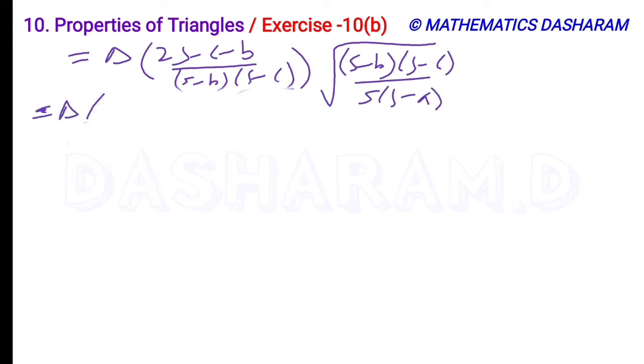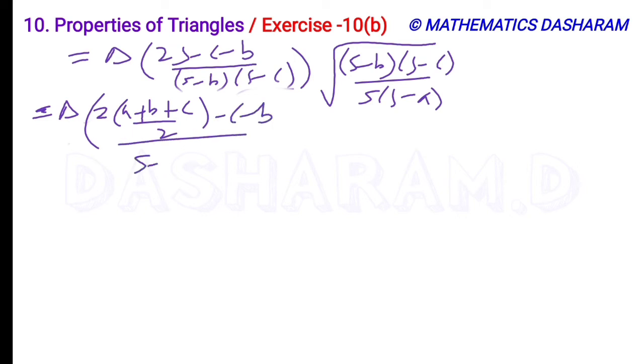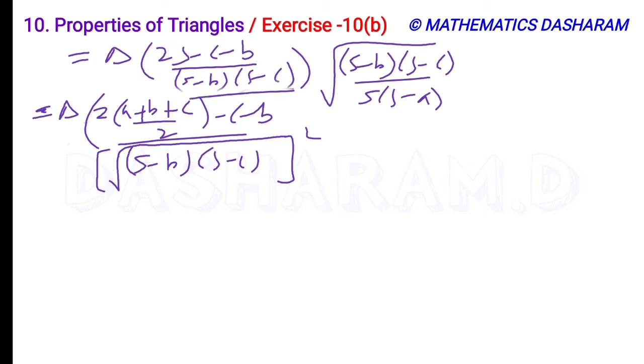So delta bracket of 2s, where the s formula is (a + b + c)/2, minus c minus b, divided by (s - b) into (s - c), which I am writing as a square root, and here whole square. Because the square root cancels, you will get the previous step.